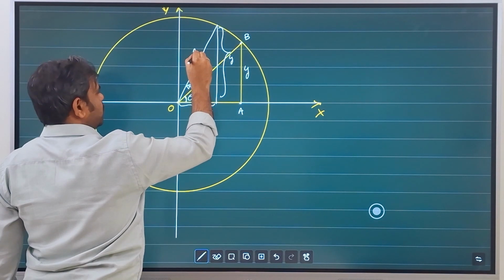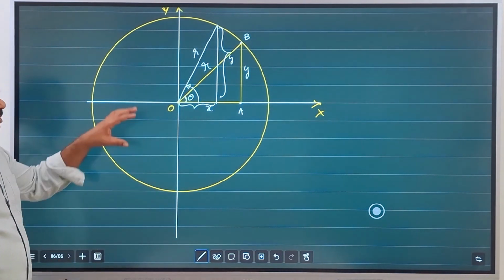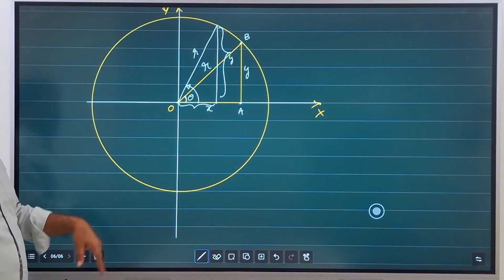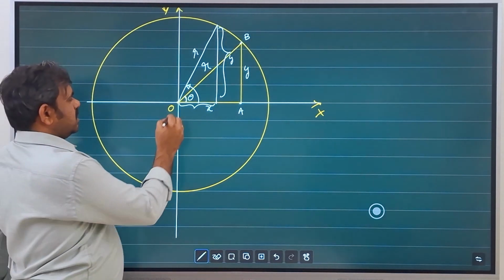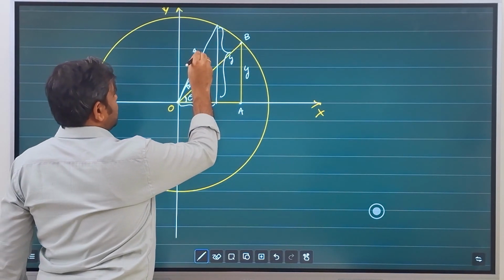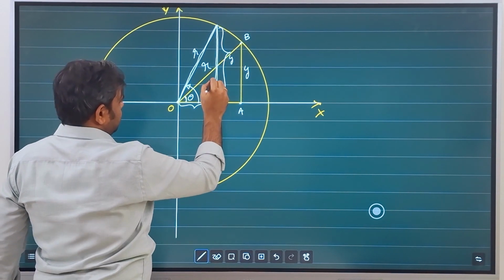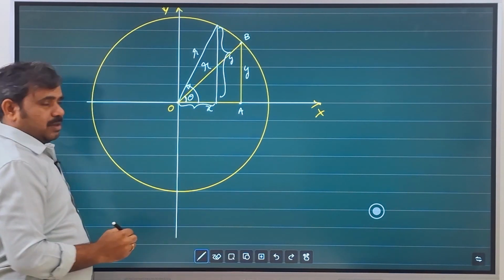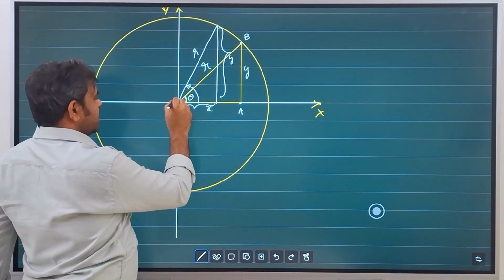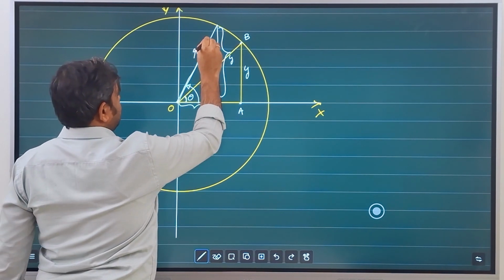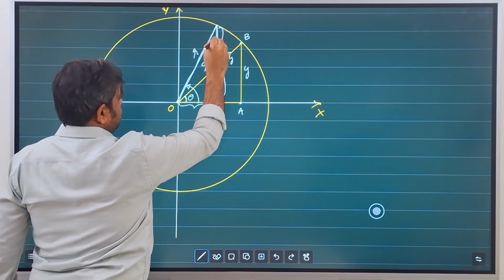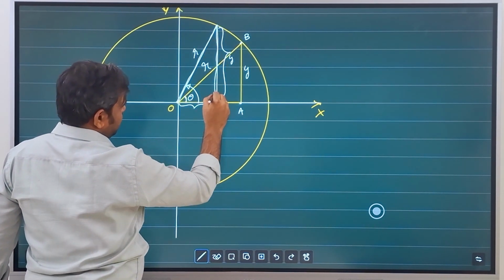R remains the same, that's why I have drawn the circle here, to keep R constant. R is the radius of the circle, the hypotenuse of the right angle triangles that we draw inside this circle. The radius is the same, but y is changing, x is also changing.